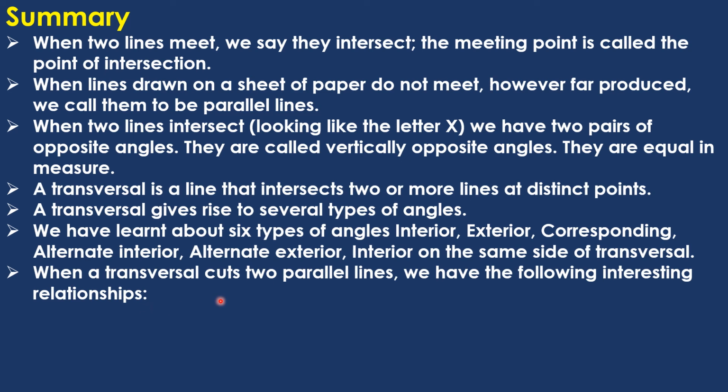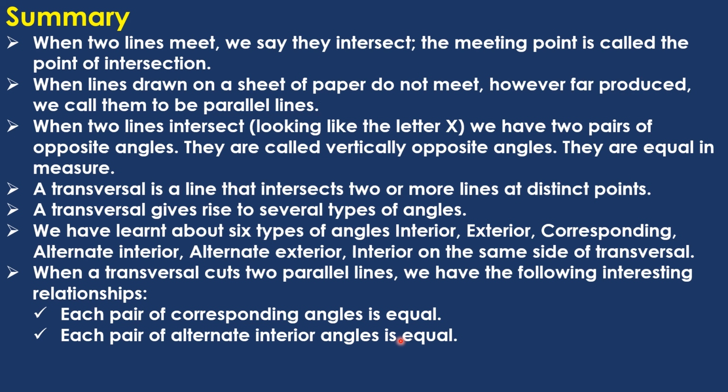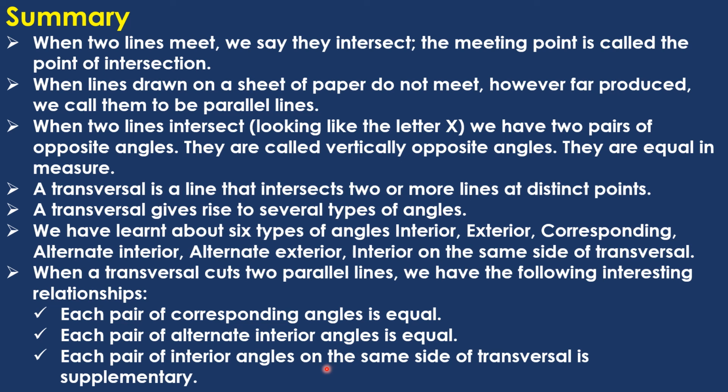When a transversal cuts two parallel lines, we have the following relationships. Each pair of corresponding angles is equal. Each pair of alternate angles is equal. Each pair of interior angles on the same side of the transversal is supplementary.